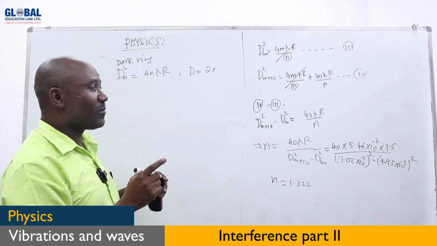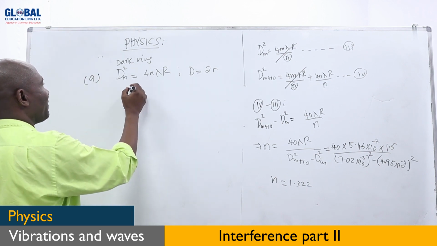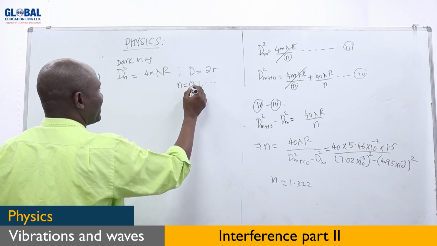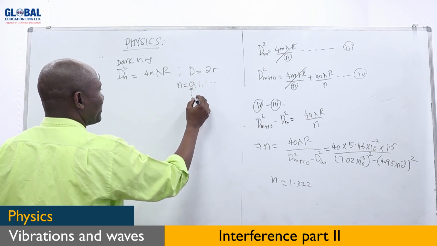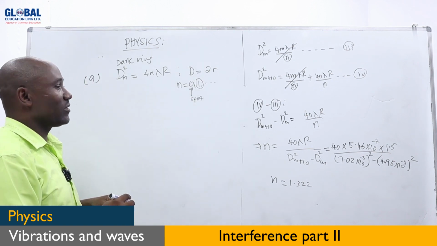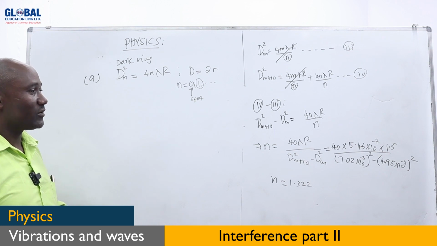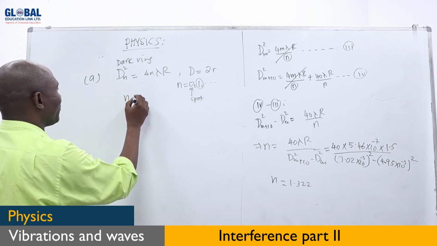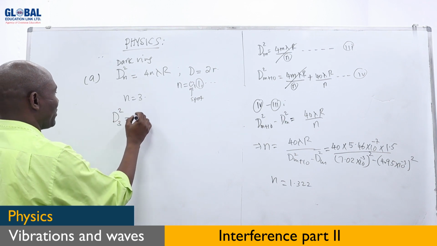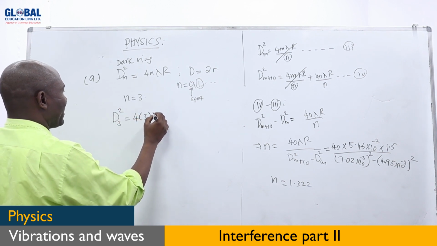Because we are talking about the dark ring, n starts from 0, 1, and so on. The 0 gives us the central spot. So the first ring is found when n equals 1, the second when n equals 2, and the third ring is found when n equals 3. So d3 squared equals 4 times 3 times lambda r.